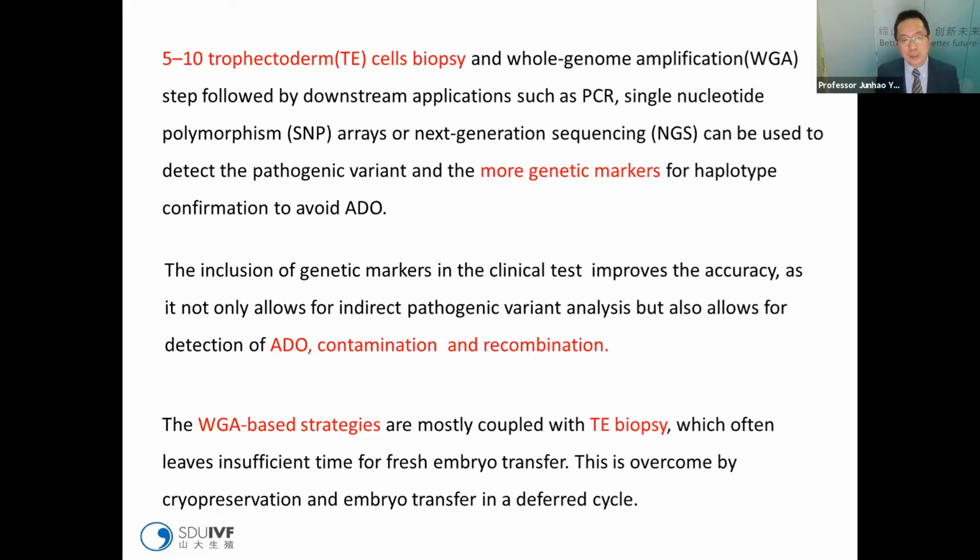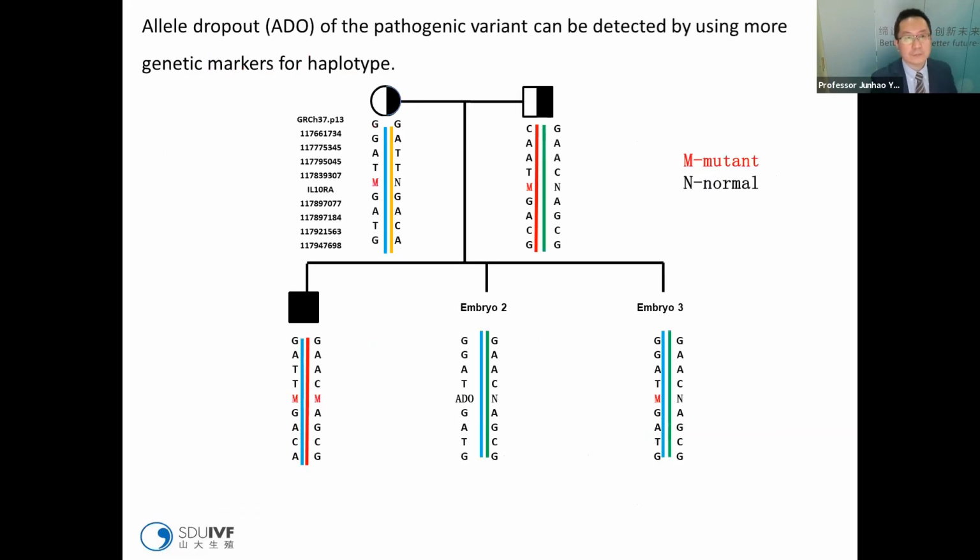So WGA-based strategies are mostly coupled with TE biopsy, which often leaves insufficient time for fresh embryo transfer. So they need cryopreservation and embryo transfer in the next cycle. This figure shows that the ADO of the pathogenic variants can be detected by using more genetic markers for haplotype.